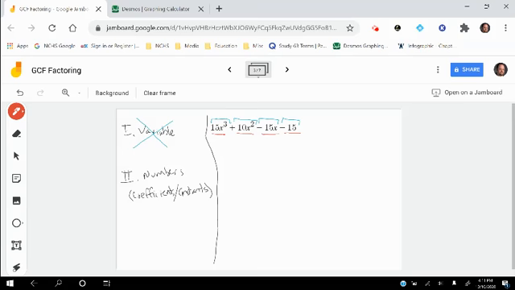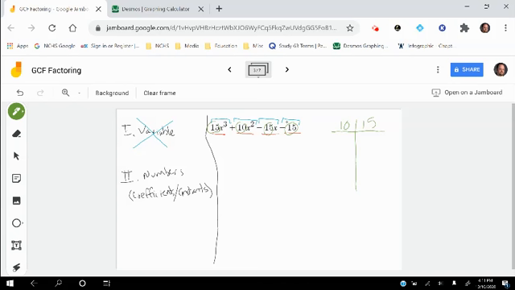I need to figure out what numbers. Now I treat coefficients and constants as if they're the same. I see that I have 15s and 10s when I look at my coefficients and constants. So I'm going to make a little table. I'm going to have 10 and 15. I just need to start looking at what goes into them. I'm going to make a list of all the factors.